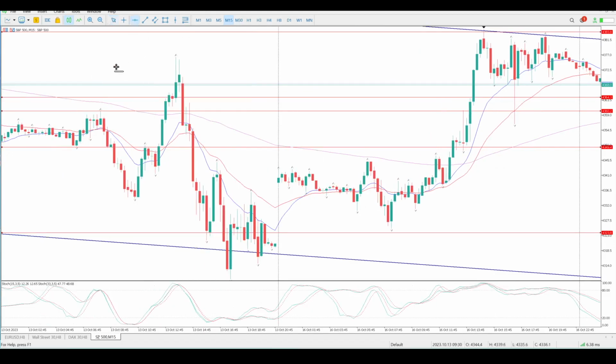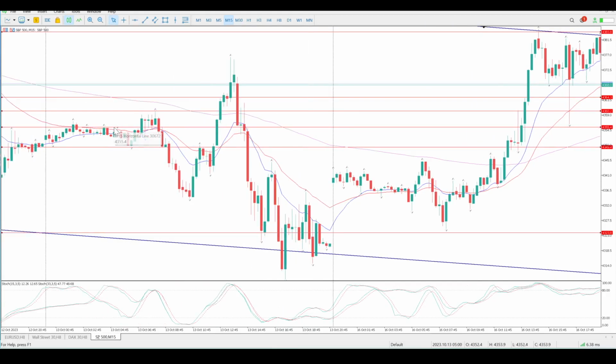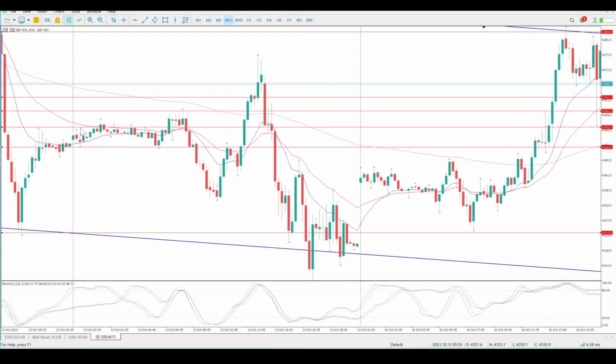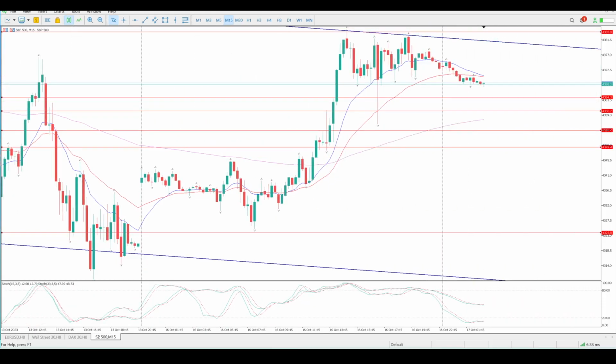I think 43.50 is probably a level somewhere. 43.55. Now there we go. There's quite a big tail here, so that would be 43.54, 43.55. So there's your structure levels.